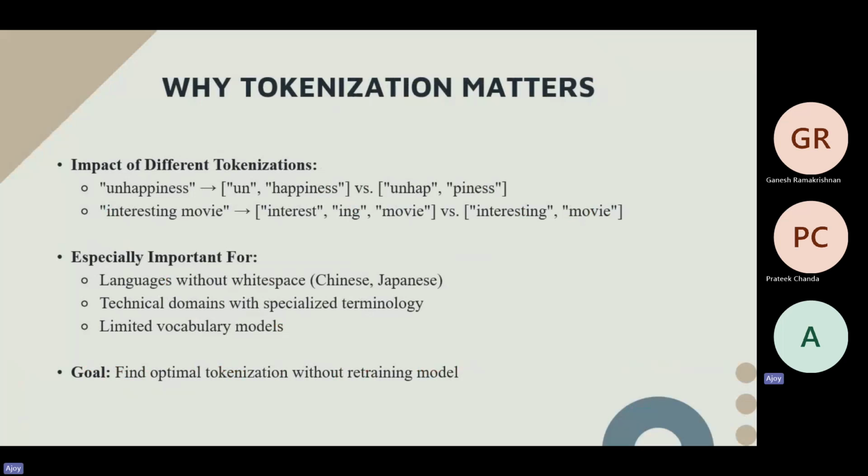Same with interesting movie: if you keep different tokenizations, different results will come from the model. This especially matters for languages without white spaces, like Chinese and Japanese. So again, the goal is to find the optimal, the best tokenization out of all these.